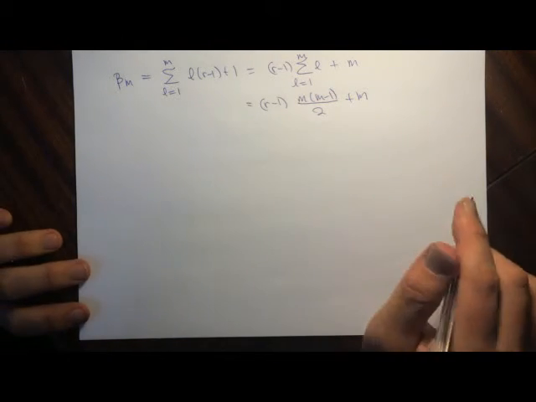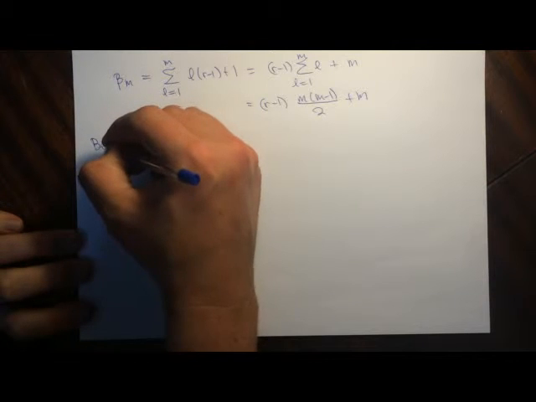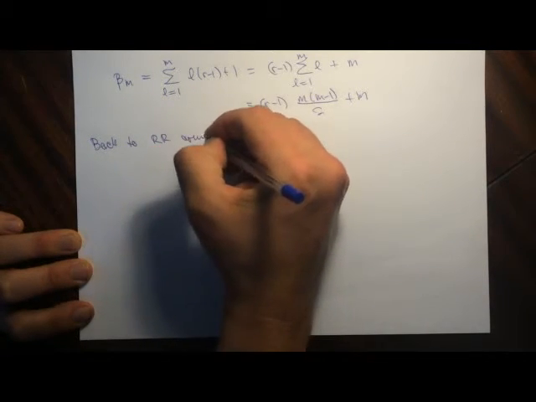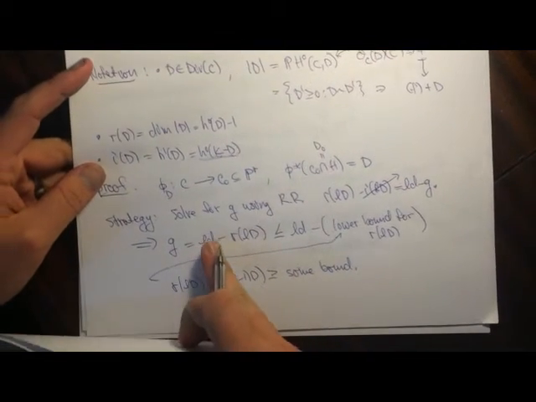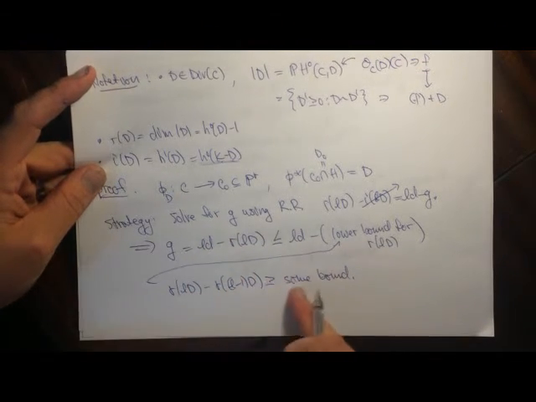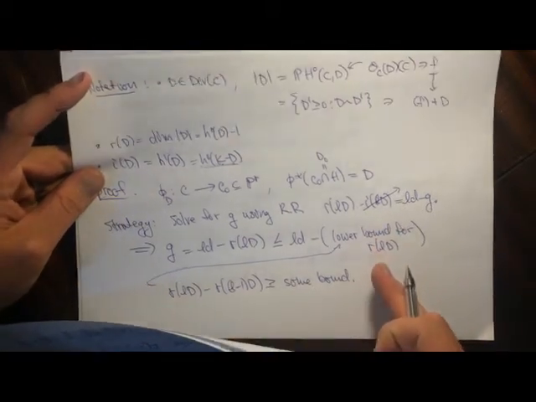We can simplify this a little bit, but let's go back to the Riemann-Roch computation at the beginning. Let me show you again what that looked like. So now we have this lower bound, which is that sum.